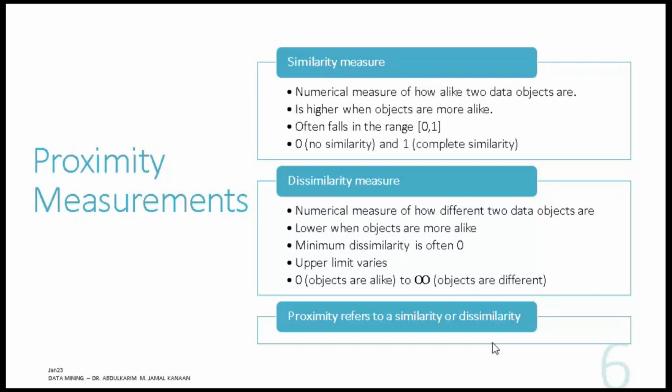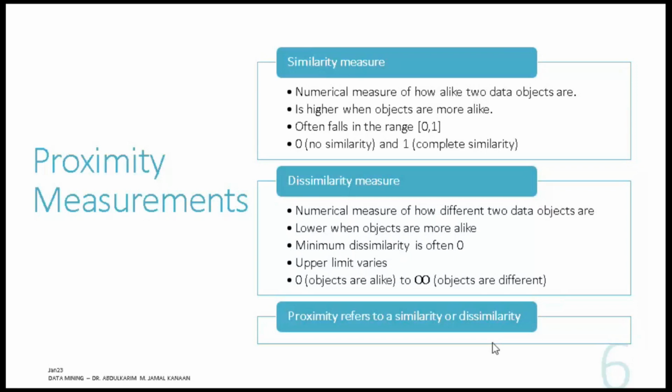For the similarity measure, the higher the value, the more alike the objects are. So let's say if I measure two objects, between your friend and me, and the similarity measurement says 0.9, that means it's a high value. If it's 0.1, low value. So the higher, the more alike.